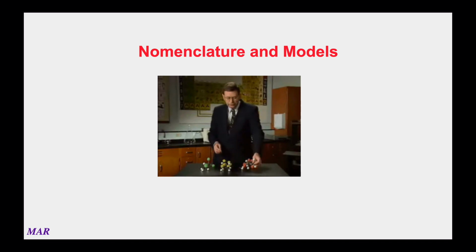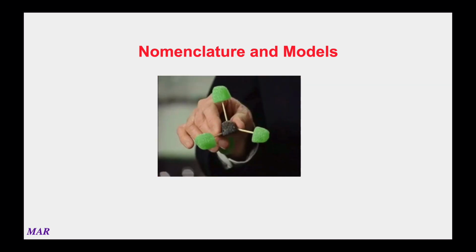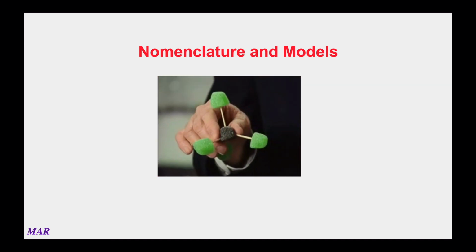Models can be used that are commercially available, but if they're not available, gumdrops work just as well. If you are planning on taking the year-long organic chemistry course after the Chem 221 through Chem 223 series, I really highly recommend to the strongest degree possible that you buy a model kit.